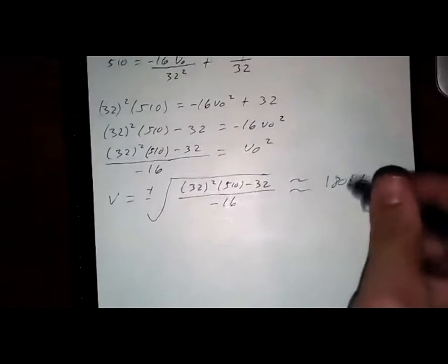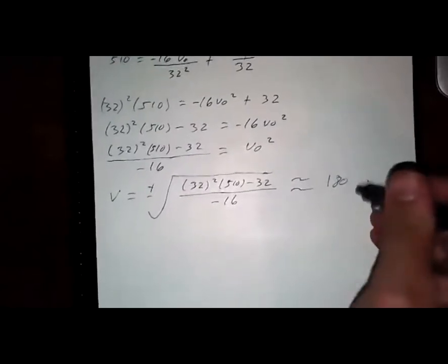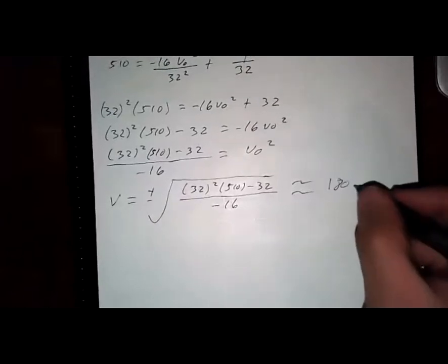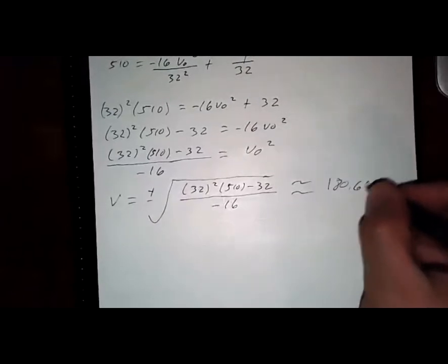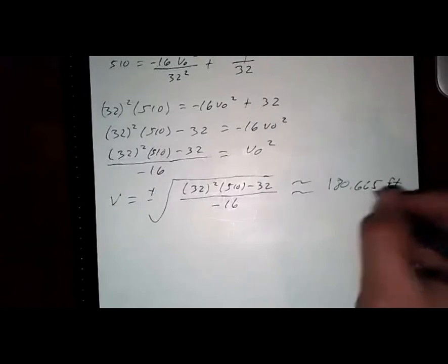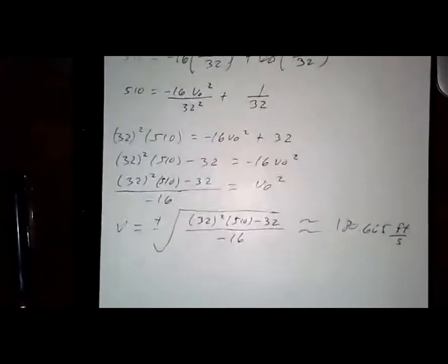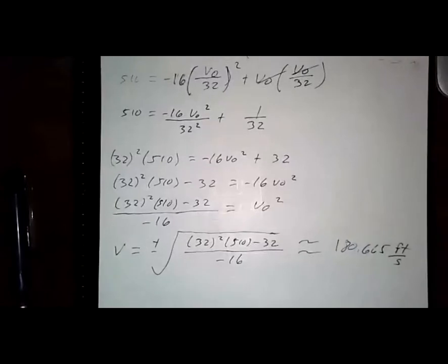Yeah, 3 decimal places. .665 feet per second. Anyway, this was a physics question, but we used calculus to solve it instead of a different approach.